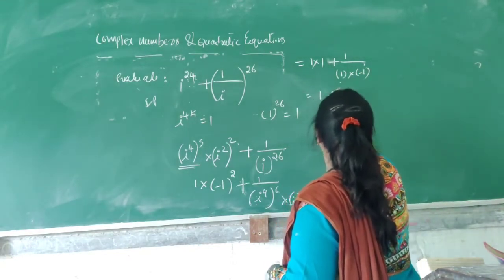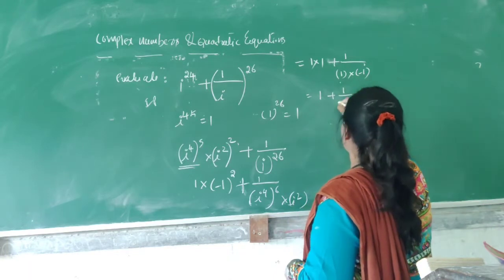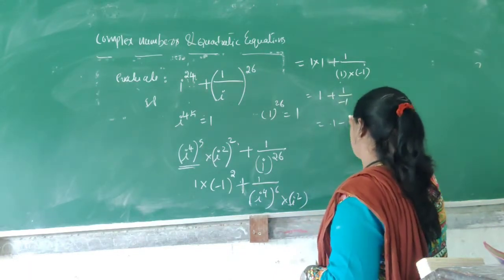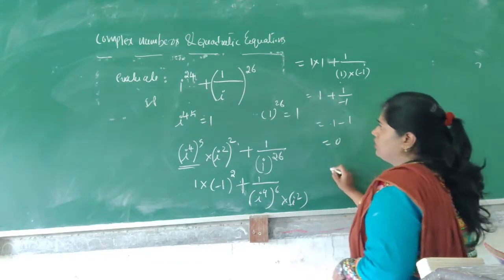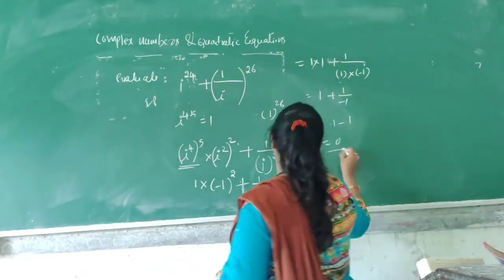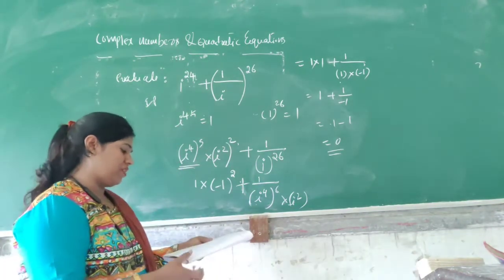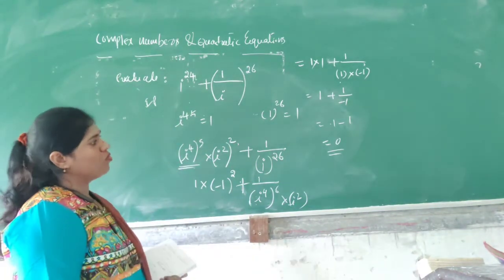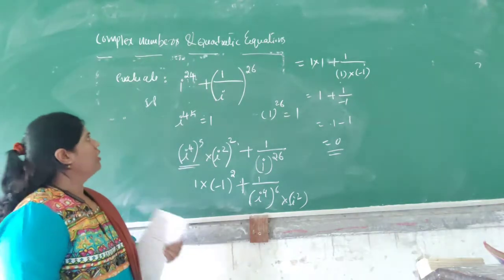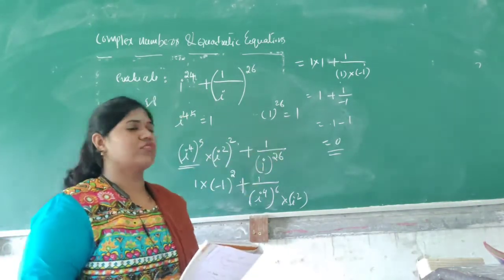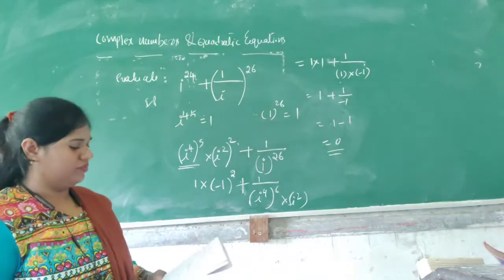So 1 plus 1 divided by minus 1, which is 1 plus into minus 1, which is equal to 0. So the value is 0. We have to write this in complex number also, 0 plus 0i, right? They are asking just to evaluate the value, that is equal to 0.